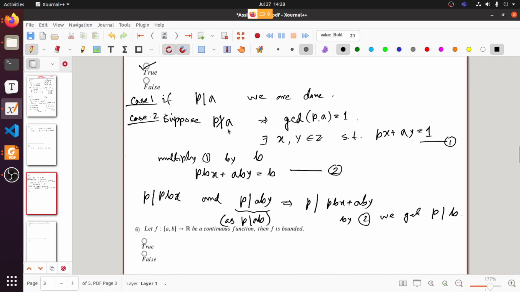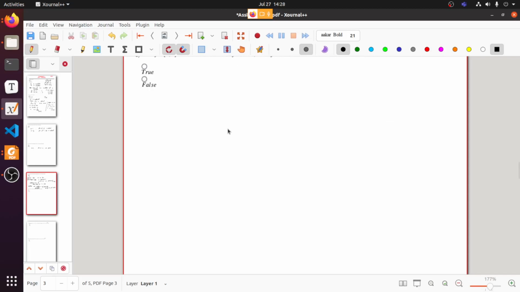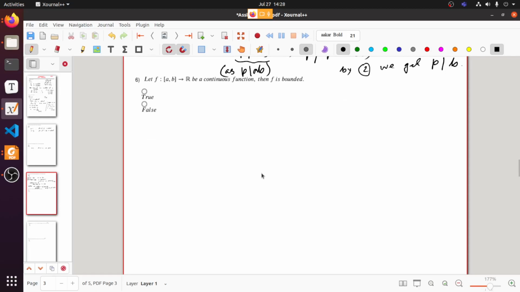Now come to the next question, problem number 6. What we have to prove? Suppose f is a continuous function from [a, b] to R, then we have to prove that f is bounded.